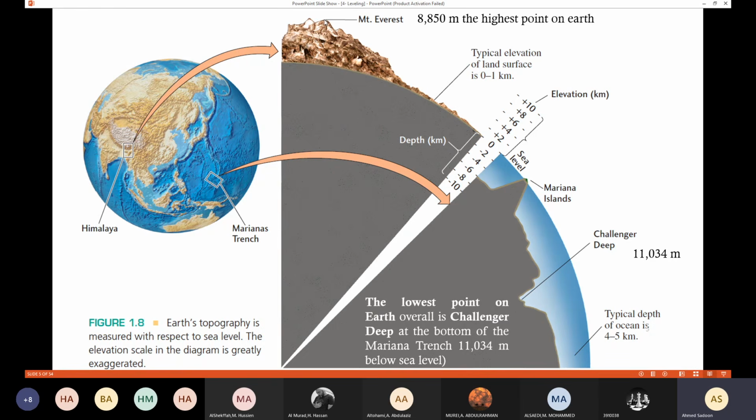This one here is the highest point on earth, and the lowest point on earth is the Challenger Deep in the Mariana Trench. This one is the lowest point on earth, at 11,034 meters. So here is the lowest point on earth, and this one is the highest point on earth. The reference is the sea level.